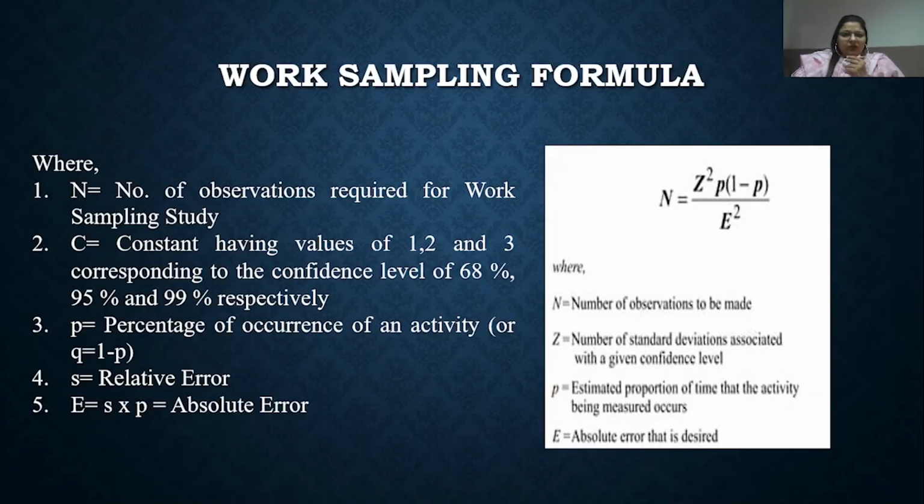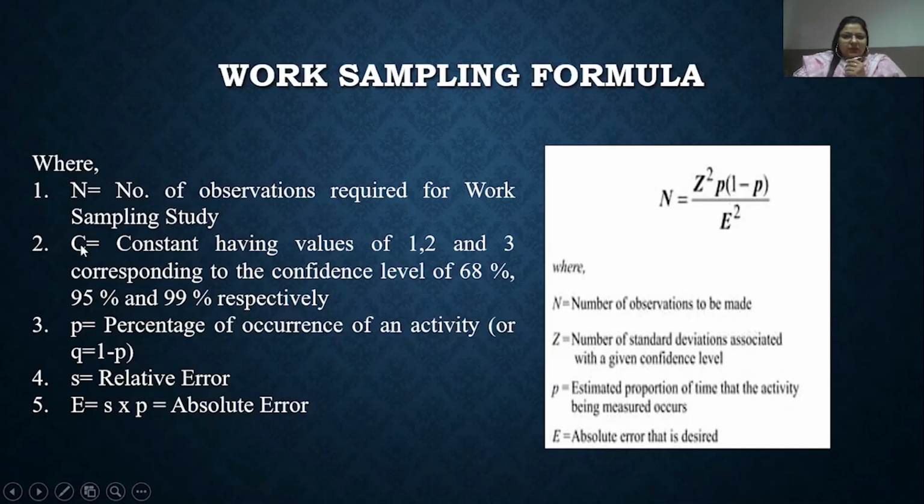So this is the work sampling formula. You can see that n is equal to z square p (1 minus p) upon e square. Here we can easily calculate the proper number of observations required for a work sampling study, where n is the number of observations required.